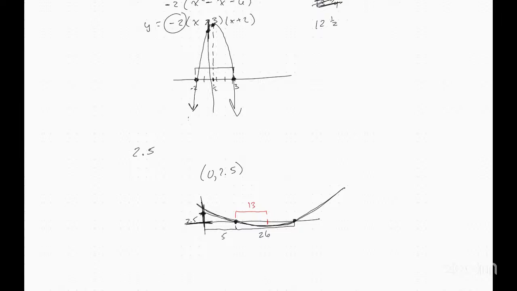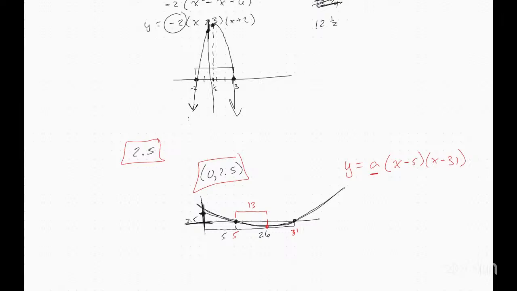But we also know the equation follows this: y equals a times (x minus 5) times (x minus 31). We don't know what a is yet, but we can find a by using this point, plugging in 0 for x. We know we'll get 2.5 for y.